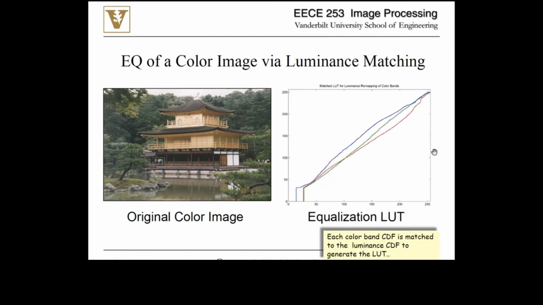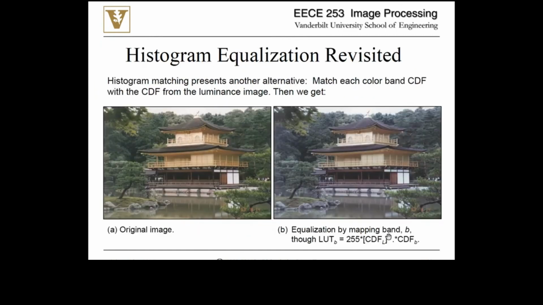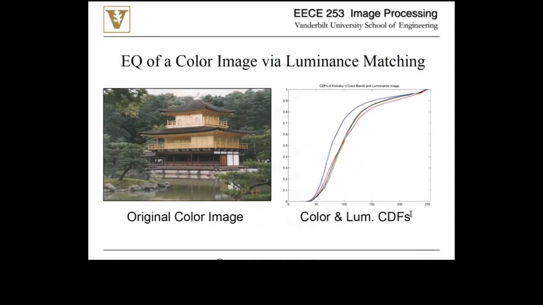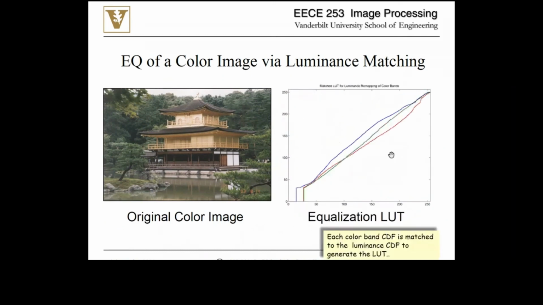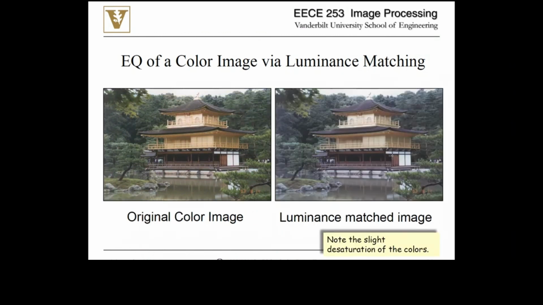The lookup tables for each one of the channels are different because we are matching each one of the channels to the Luminance. And this is the effect on the output histograms. And here's the result.